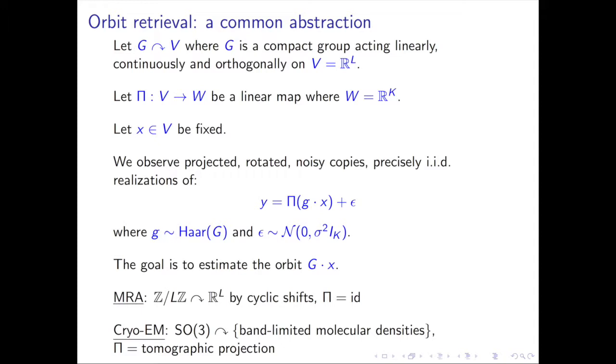So this captures the two problems we talked about. MRA, the 1D signal: there, the discretized signal lies in R^L, where you have L samples, and you have the cyclic group Z mod L acting by cyclic permutation. There's no projection. For cryo-EM, the group is SO(3).